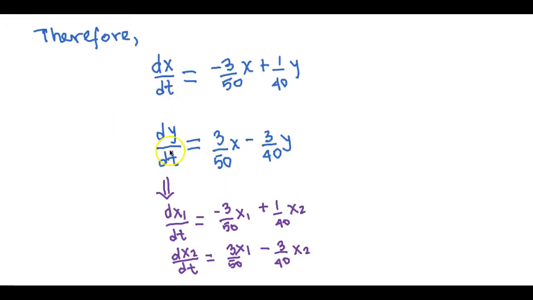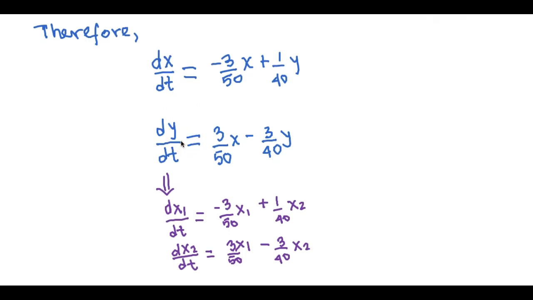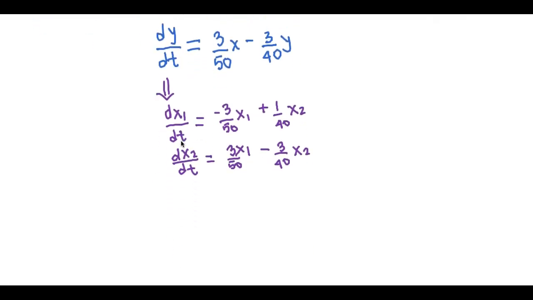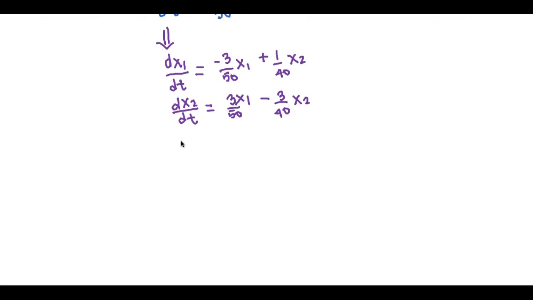So we could rewrite the system using state variables x1 and x2, so x1 representing x and x2 representing y, and then we could easily rewrite this system of differential equations in vector matrix form.